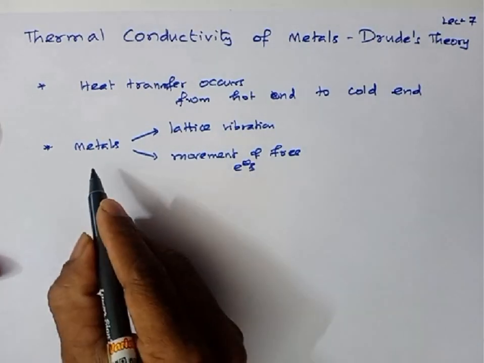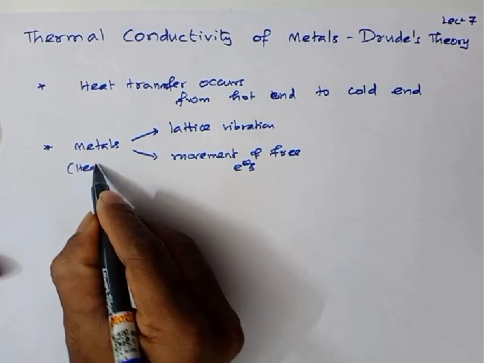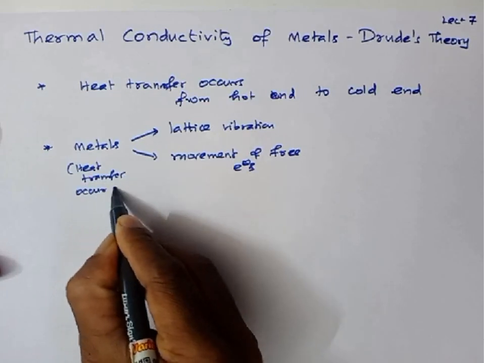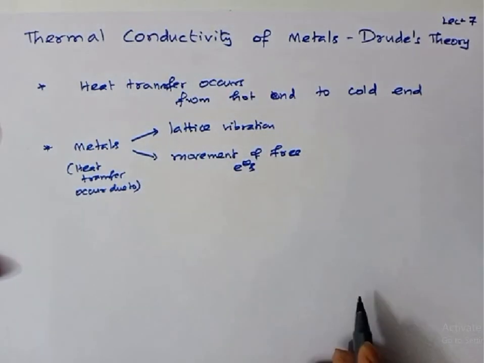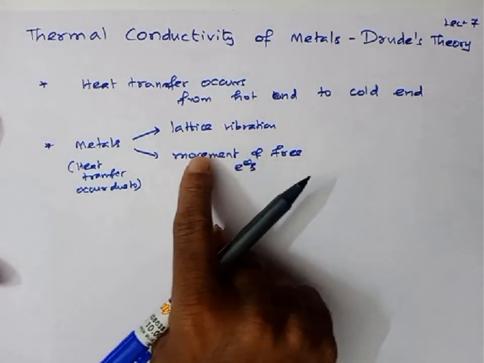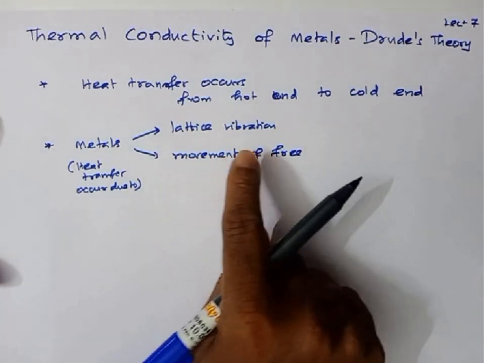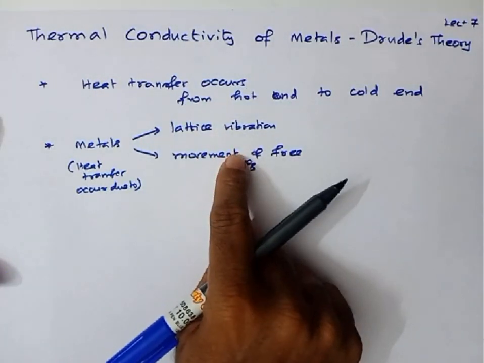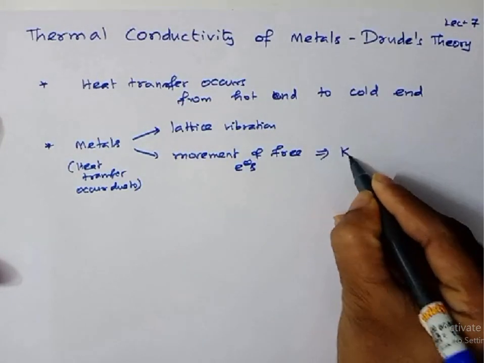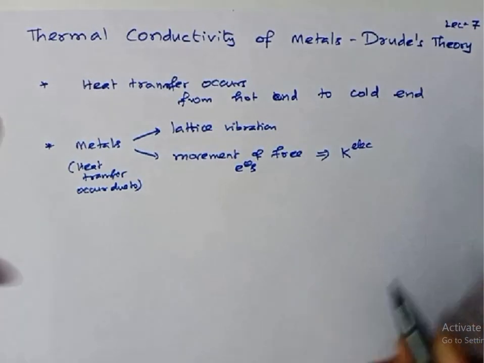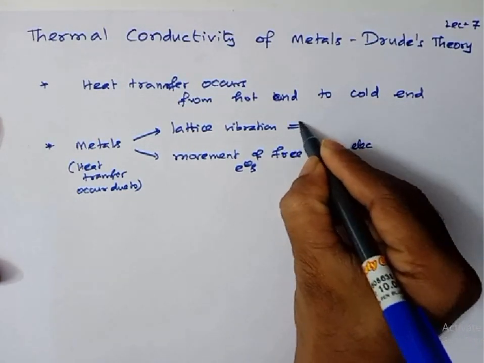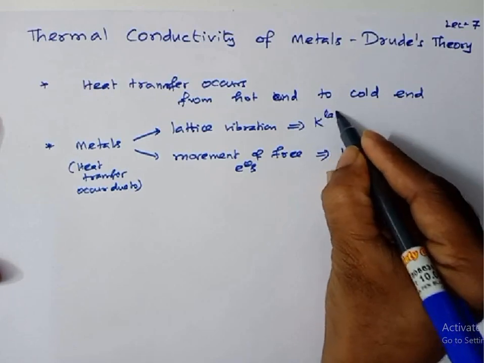Okay, so in metals heat transfer occurs due to lattice vibration or due to movement of free electrons. The thermal conductivity due to movement of free electrons, I am going to represent by the symbol K electronic.